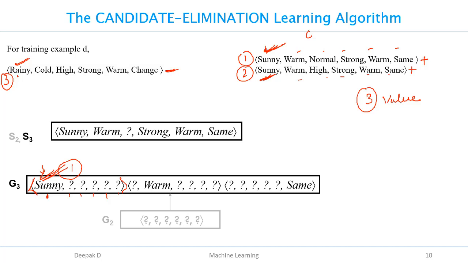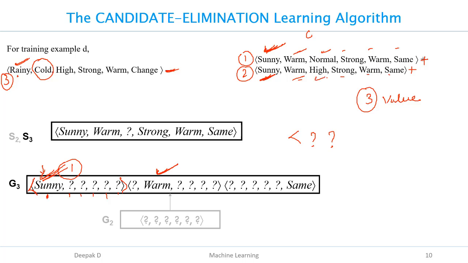Second, I have taken the second attribute, that is warm. Here I have warm, but here the cold value is acceptable. Similarly, I have another hypothesis, where you can see the question mark, and here I have normal and also here I have high.